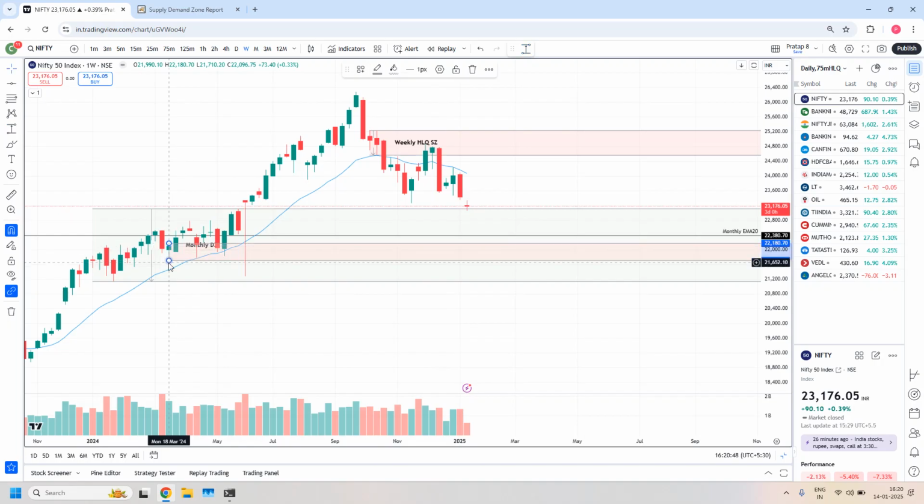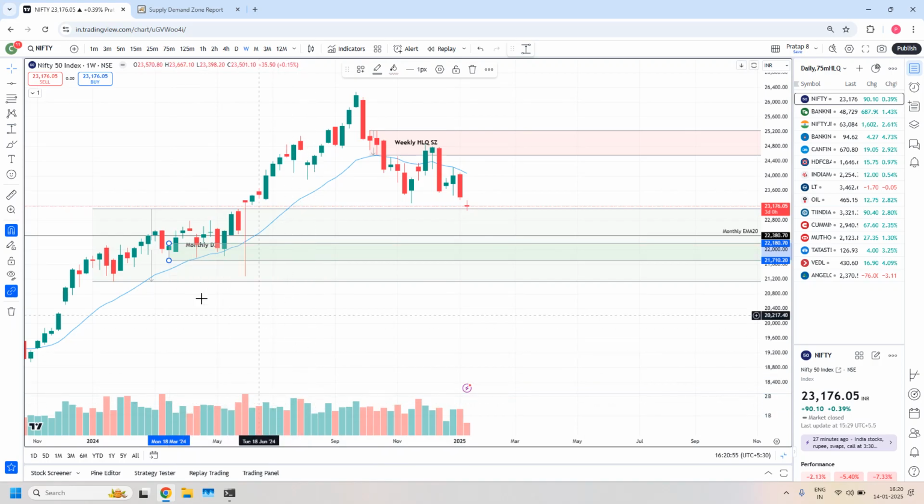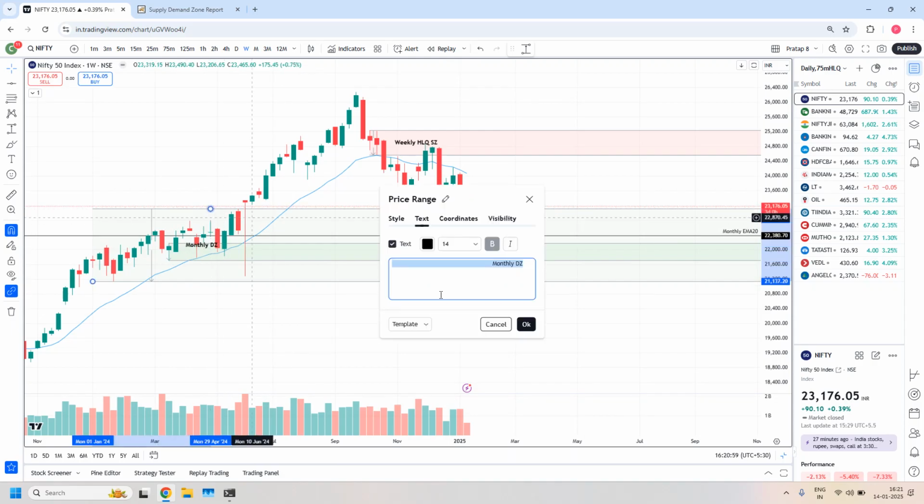We have a pierced weekly demand zone. The biggest problem is adding the text. Sometimes the texts enter into the zones and create a problem.